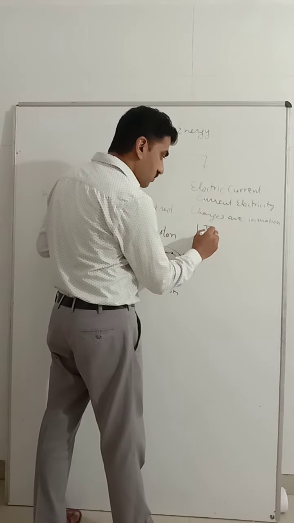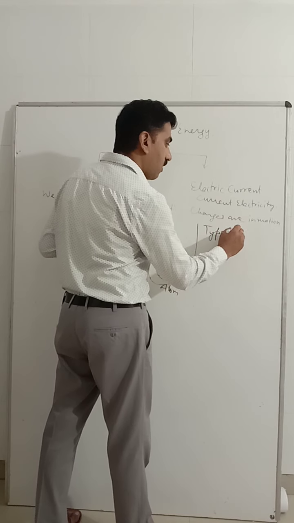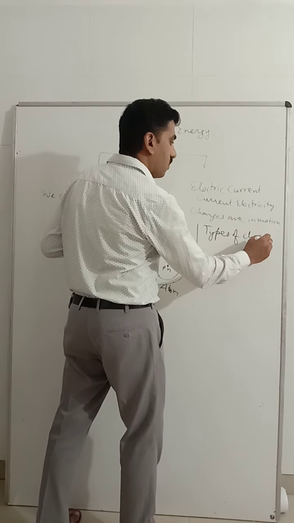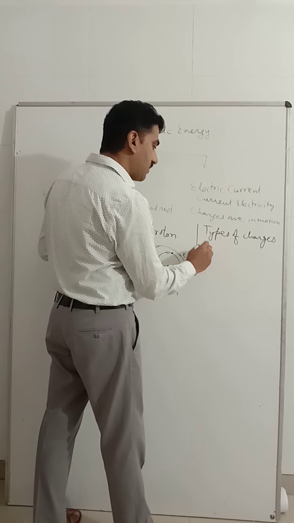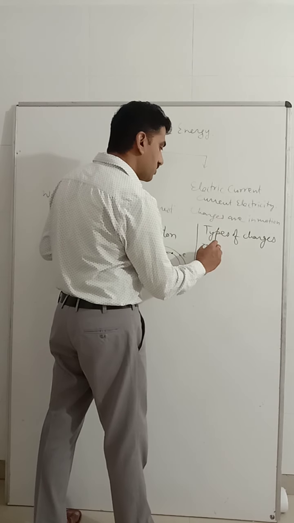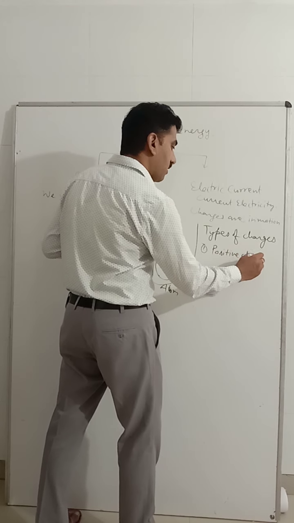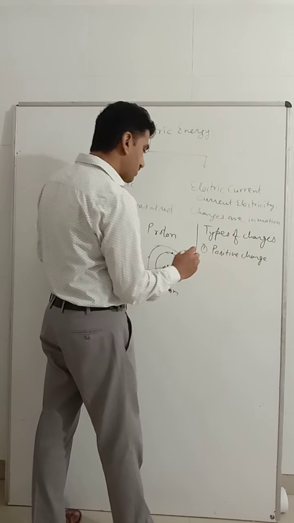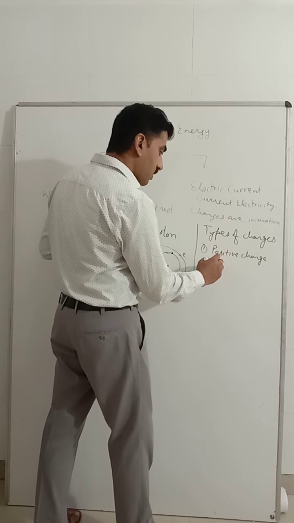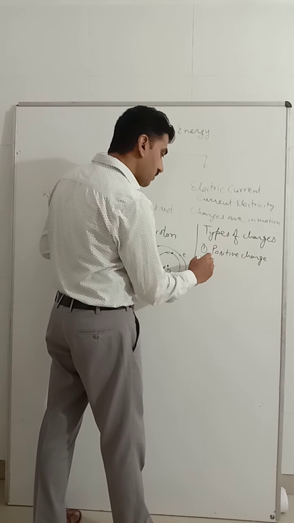So, types of charges. What are the various types of charges? There are two types of charges. One is positive charge, which is on the proton, as I just said. So how much is the charge on a proton?